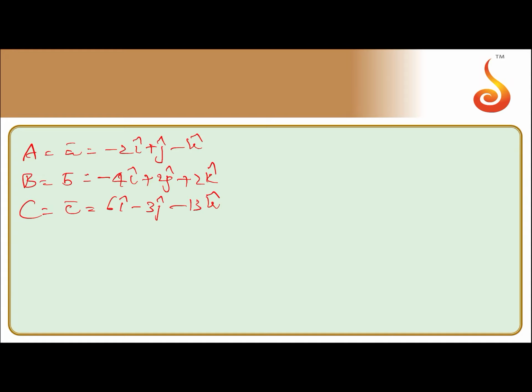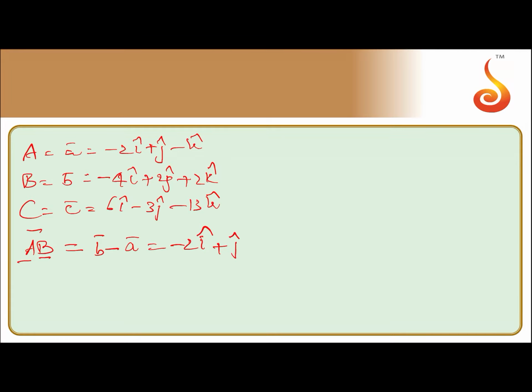From these 3 vectors, let me frame 2 vectors. AB bar is equals to the position vector of the terminal point minus the position vector of the initial point, B minus A. Minus 4 plus 2, I hope we'll be getting minus 2i cap. And 2 minus 1 gives plus j cap.